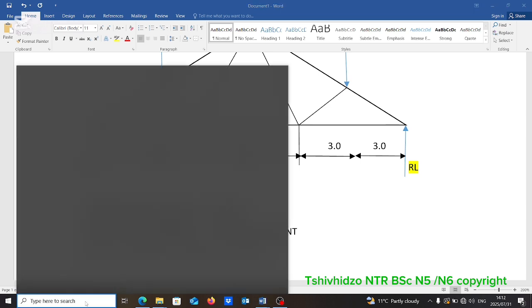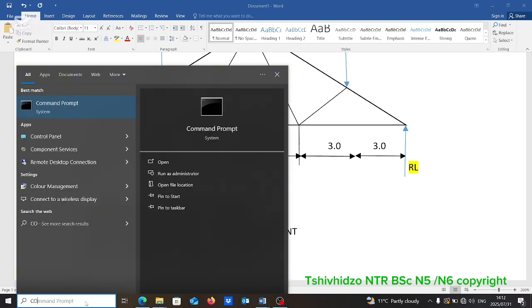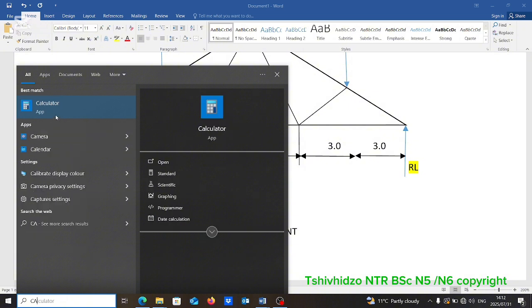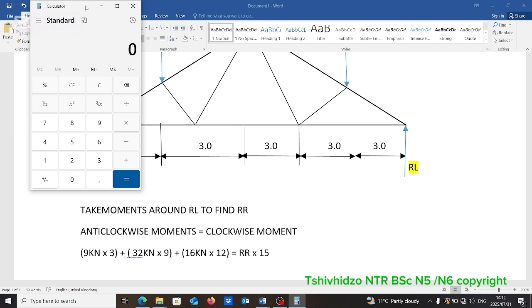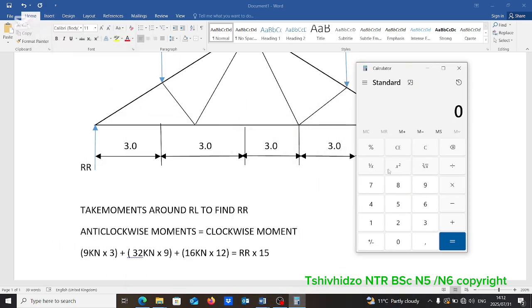For the 9 multiplied by 3, let me use the calculator here. Then it will be 9 multiplied by 3. Our answer is 27.